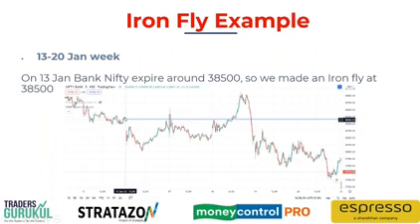The market was around 38,500, so we made an iron fly at 38,500. We will sell the 38,500 straddle on expiry around 3:20, because after 3:10 the market becomes settled on expiry day.